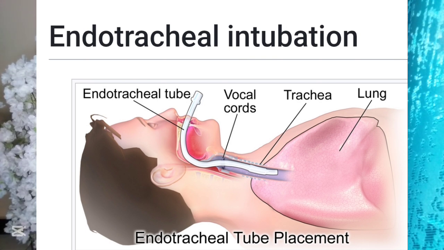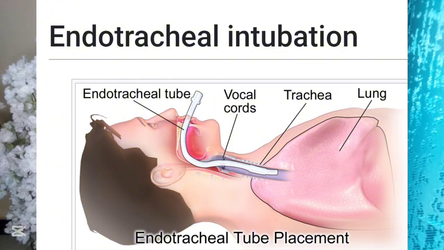Sometimes the mucus, the saliva, and the stomach contents that also contain the bacteria don't get directly into the lungs. But these bacteria that are within these secretions can adhere to the walls of the endotracheal tube, and they can overgrow in large numbers to form well-organized groups of bacteria called biofilms.